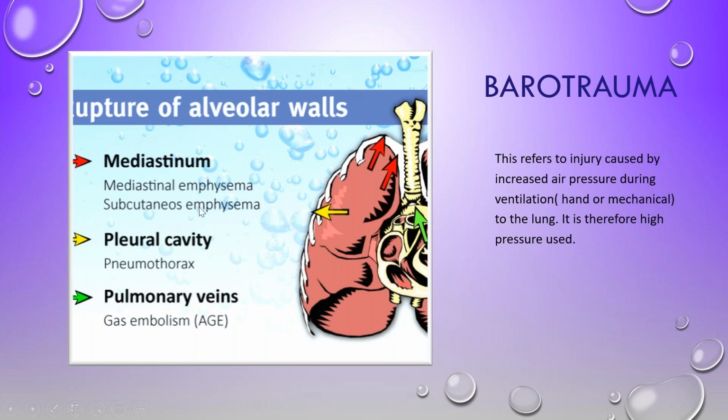From the mediastinum, we start seeing emphysema, subcutaneous and mediastinal. In the pleural cavity, we could see a pneumothorax, and we can even cause a gas embolus because we are putting too much pressure on them. This is the pressure that occurs a lot, and we must please be very careful.